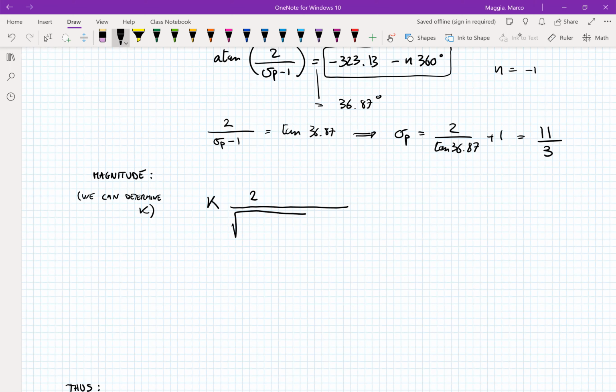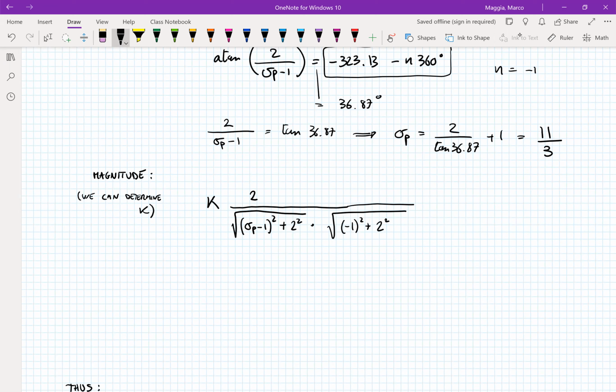And so what is the magnitude? That is the square root of the real part squared, real part being sigma p minus 1 squared, plus the imaginary part squared, which is 2 squared. And then we have still at the denominator the square root of the real part of minus 1 plus 2i, which is minus 1, so squared, plus the imaginary part squared.